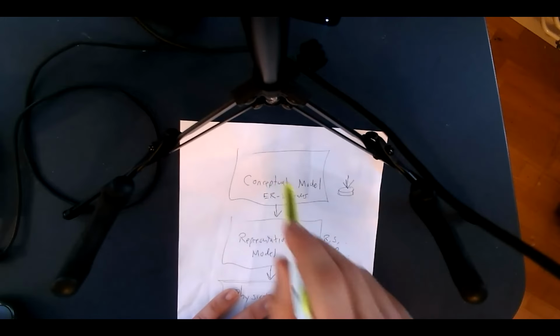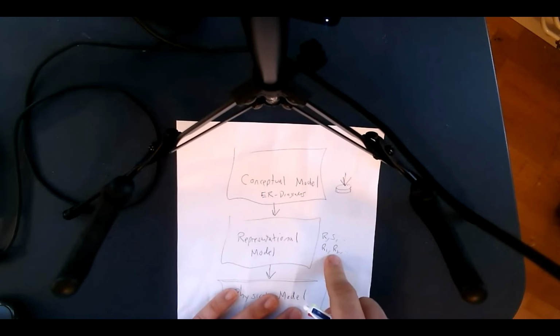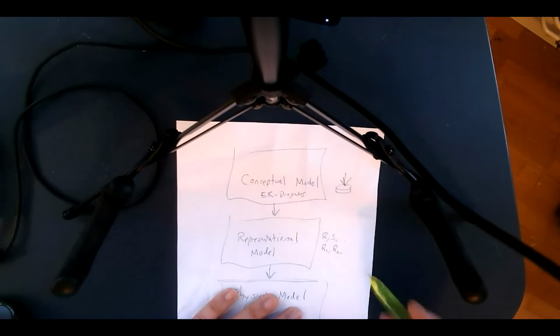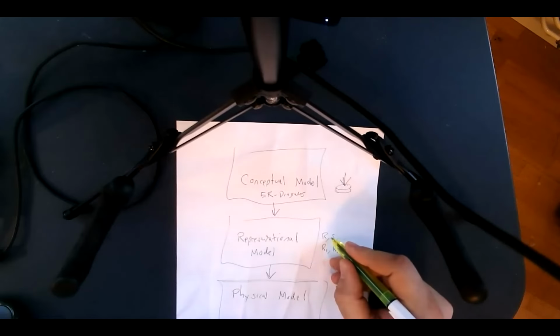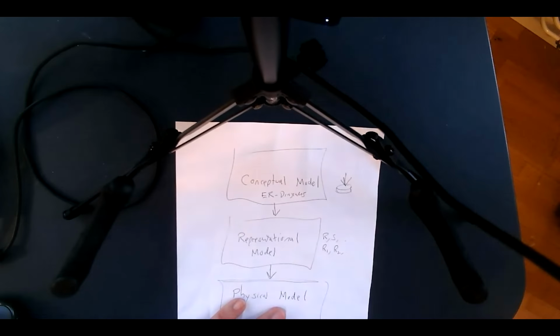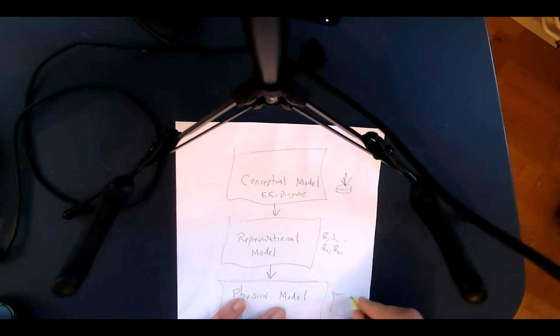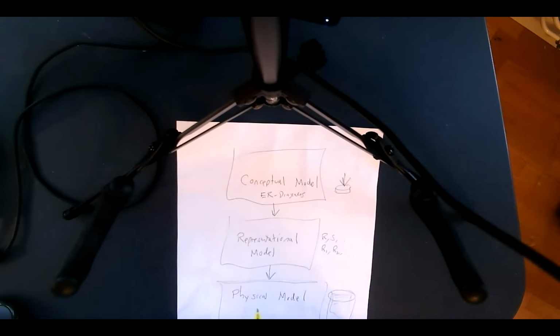We're going to do conceptual modeling here, and then push a button on it, and out plops a bunch of table definitions which have primary and foreign key definitions built in. Then, when we go to PostgreSQL or Oracle or MySQL and put those in there, that defines something that really does sit on disk, which is the physical model.